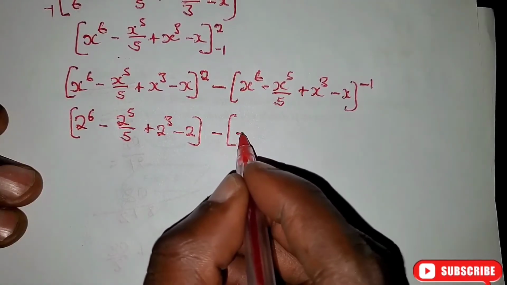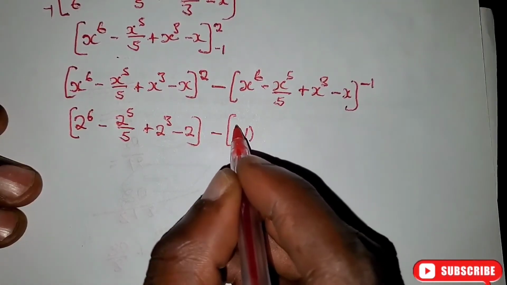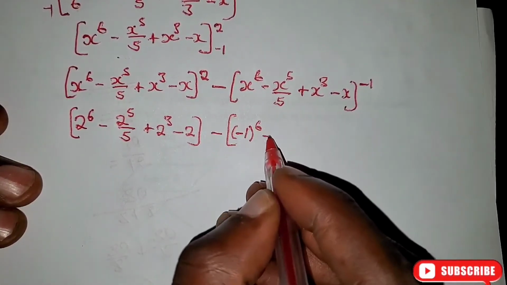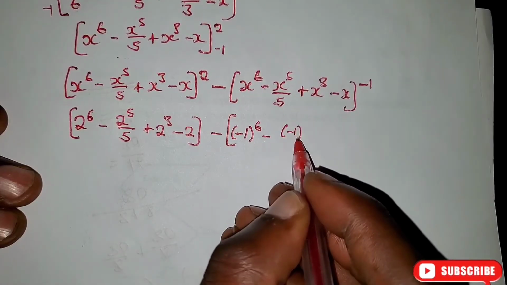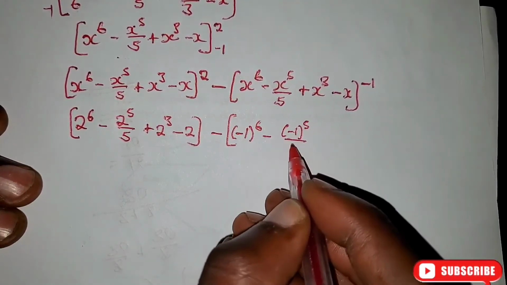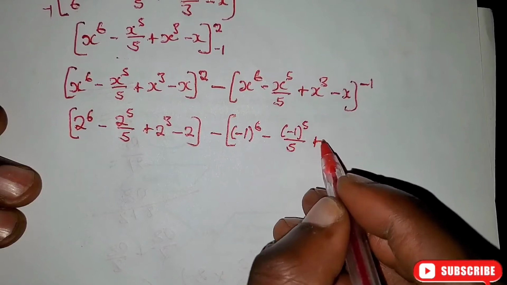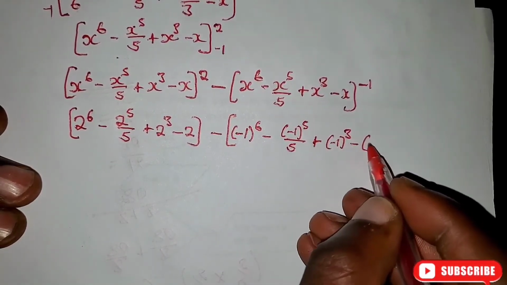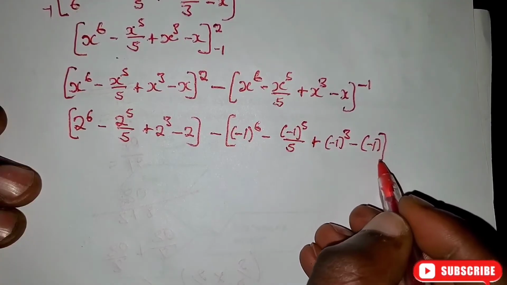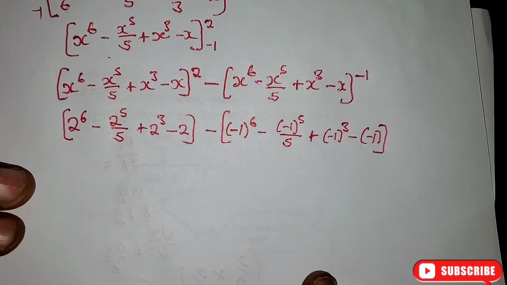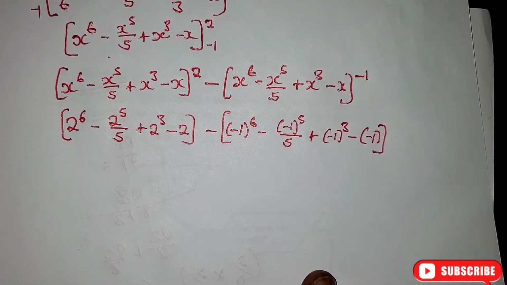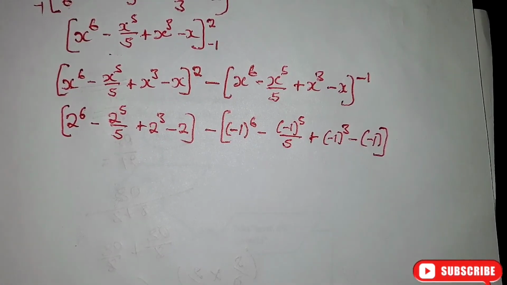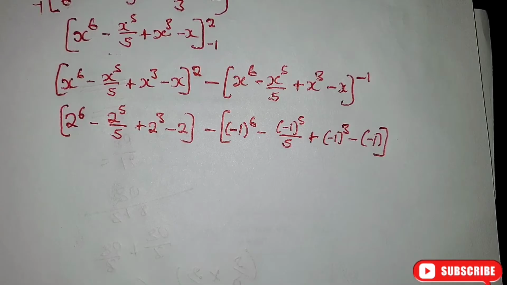Then here it will be negative 1 to the power 6 minus negative 1 to the power 5 over 5 plus negative 1 to the power 3 minus negative 1. Have you seen how I've substituted? Now we can solve.